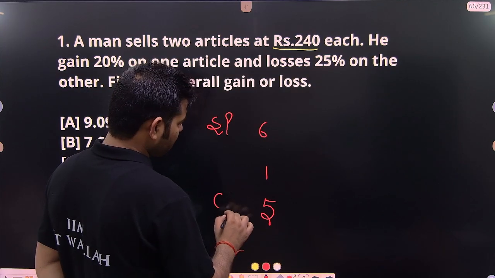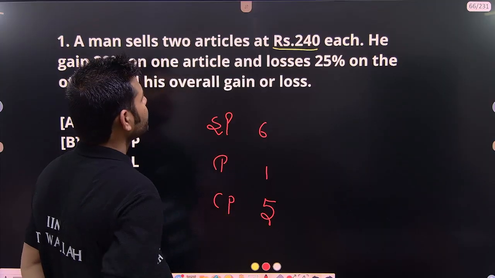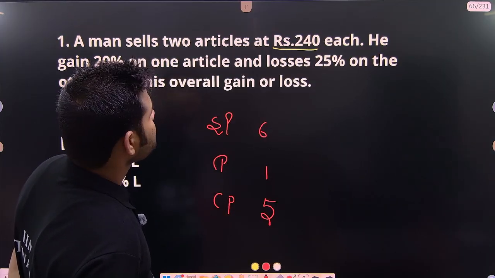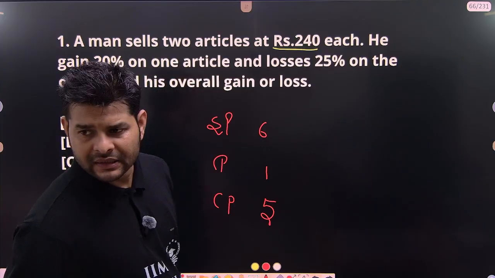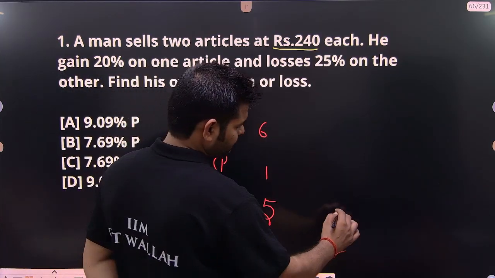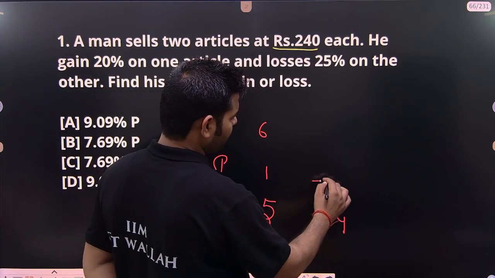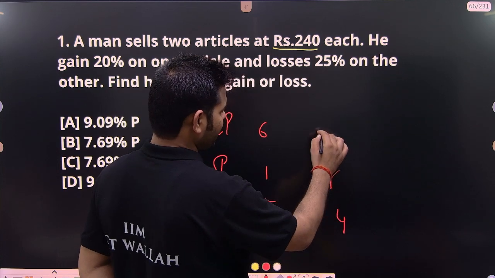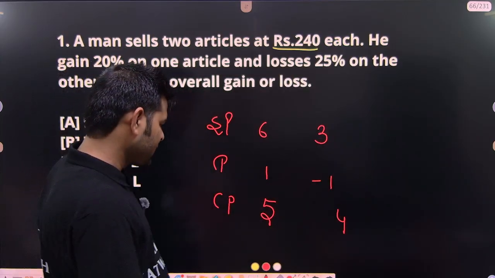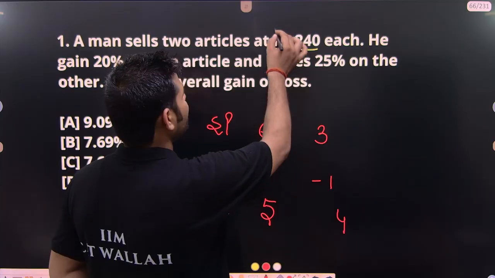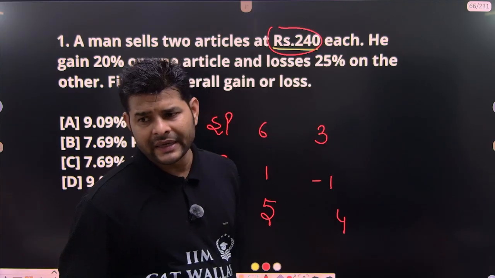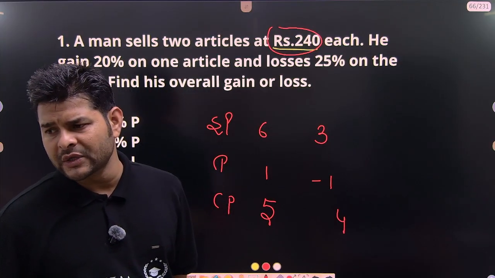So what would be the condition with the second article? And loss is 25% on the other. So 25% means 1 by 4. So 4 is CP, 1 is loss, SP would be 3. But indirectly, in the first step, he already said both the articles have been sold for rupees 240 each.